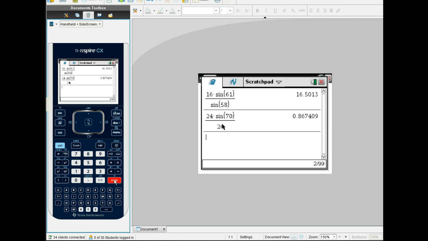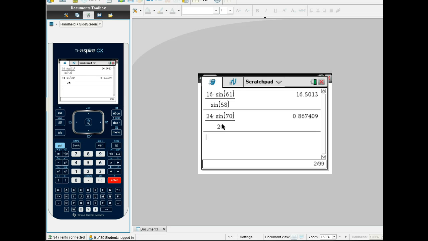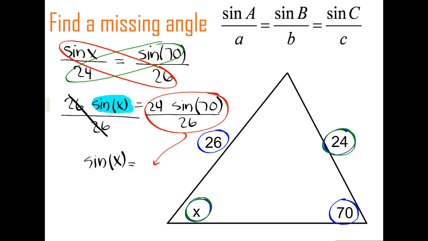What is that value? Make sure I did it right. 24 sine 70 divided by 26, correct? And that value, according to our calculator, is 0.8674. So this stuff in red here is 0.8674.